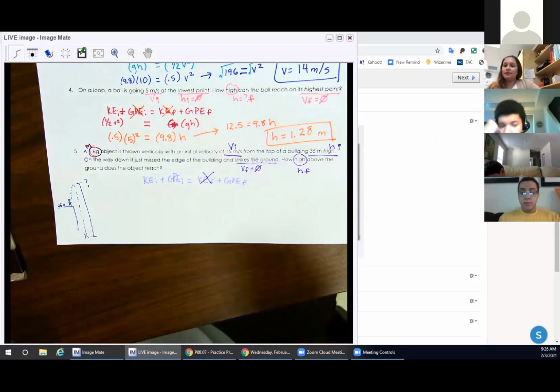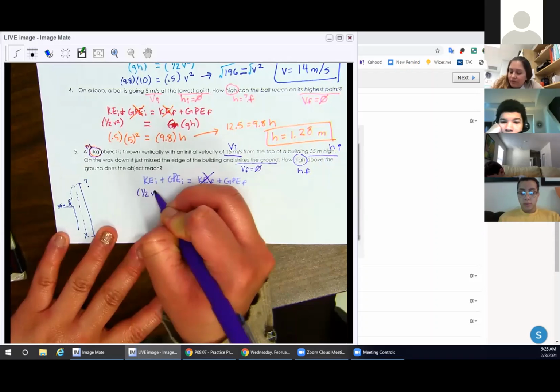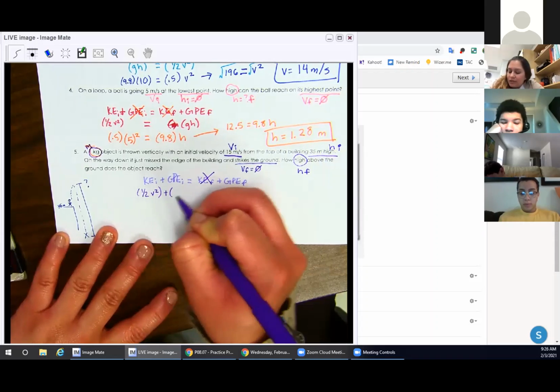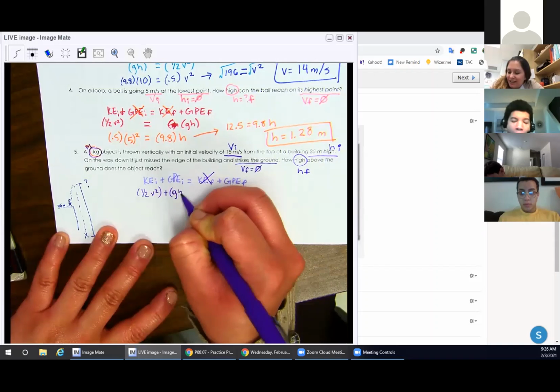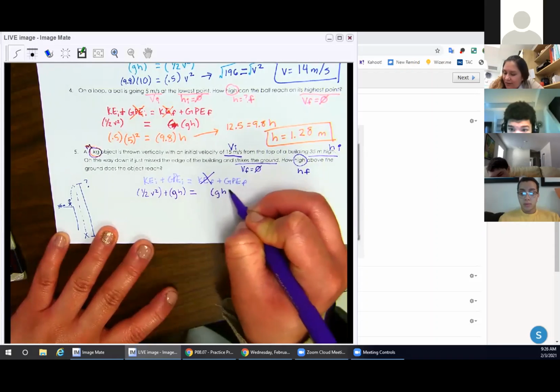But like I said, we don't need to have our masses, so 1/2 v squared plus gravity times height initial equals gravity times height final.